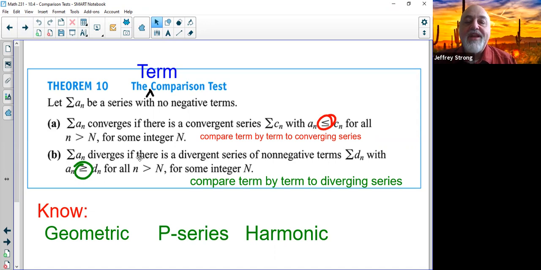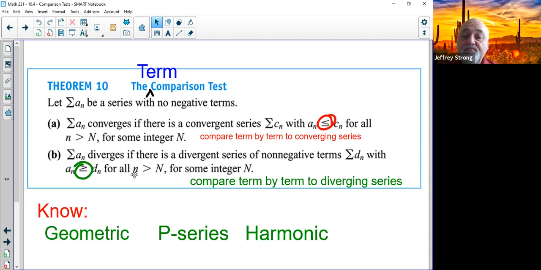So in other words, if you compare term by term to a converging series, and each of your terms is less than a converging series, then your series converges. Or the series is going to diverge if there's a divergent series of non-negative terms where a sub n is greater than or equal to d sub n for all n.